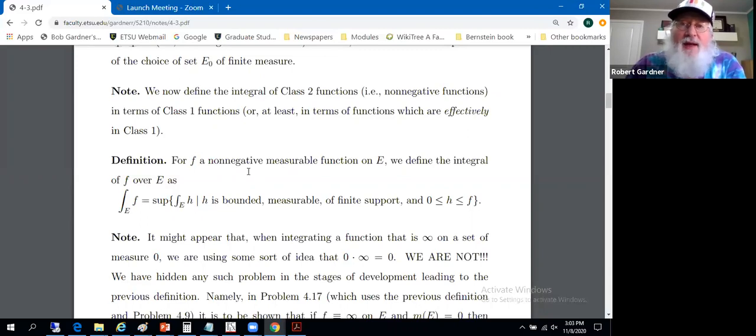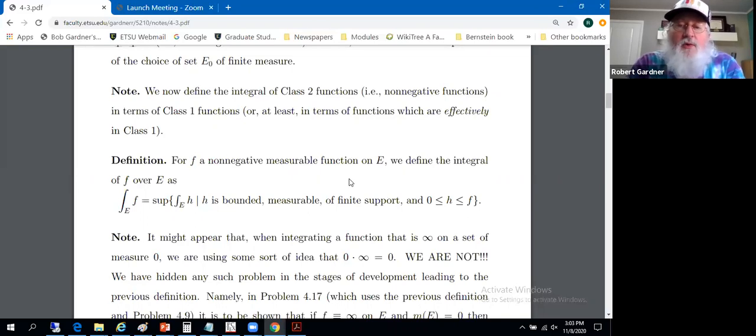Well, it might not be bounded, but if it is bounded, then let's see, I'd like to try to force it into class 1. I still have the measure of set E potentially causing problems, but nobody said this function's bounded. They said it's non-negative. So I couldn't find a bounded h that's greater than or equal to f, potentially, because f itself might not be bounded. But I can always find bounded functions less than or equal to it.